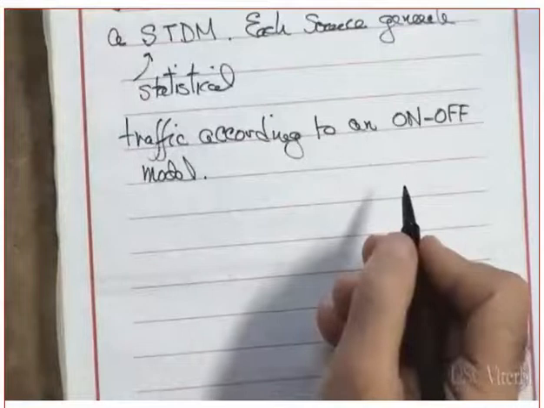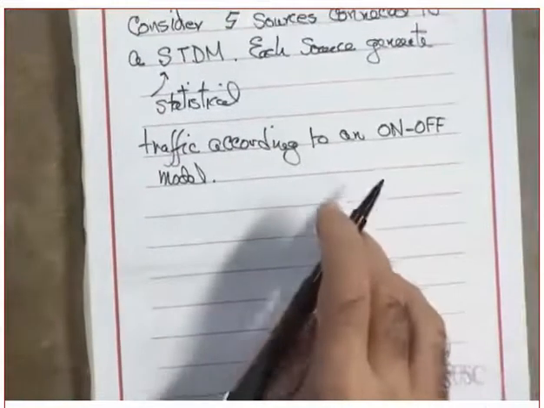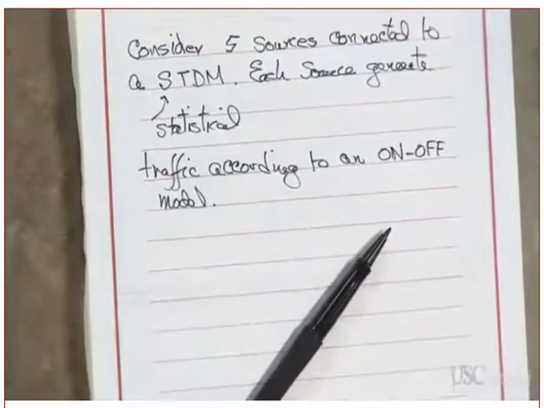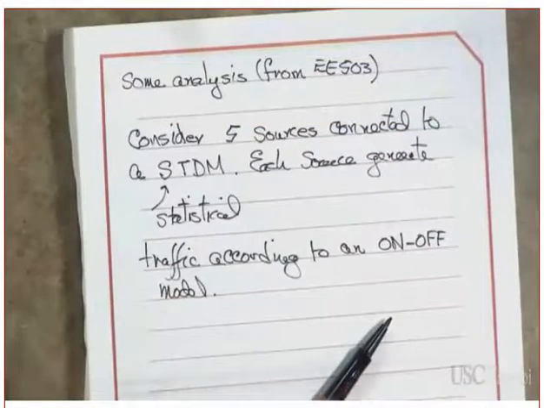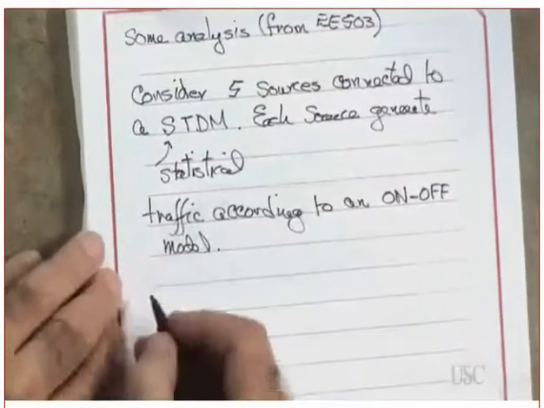On and off model, what does it mean? It means that a source for some period of time is active, and for some period of time it's idle. Clear? According to an on-off model.